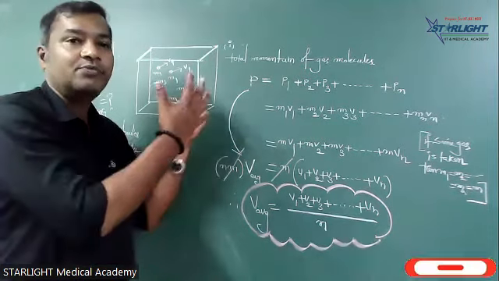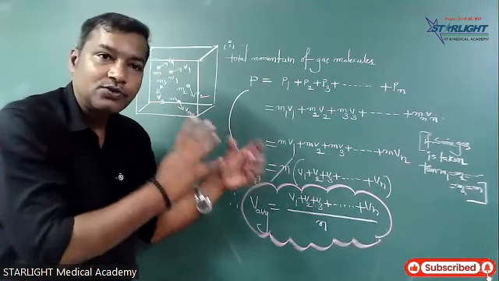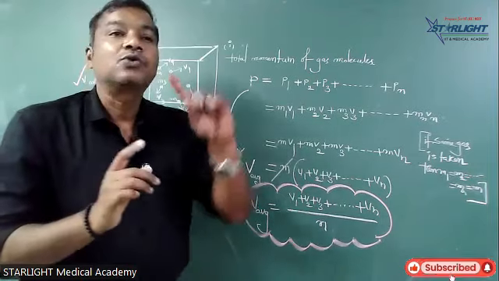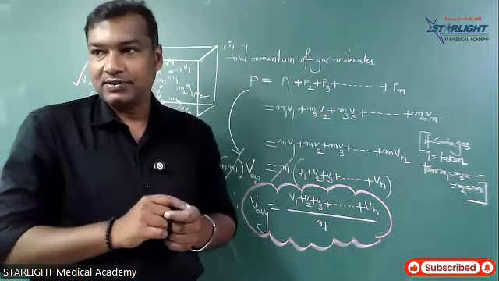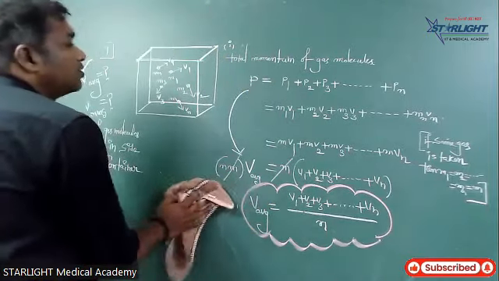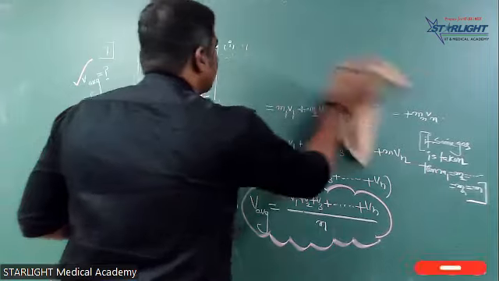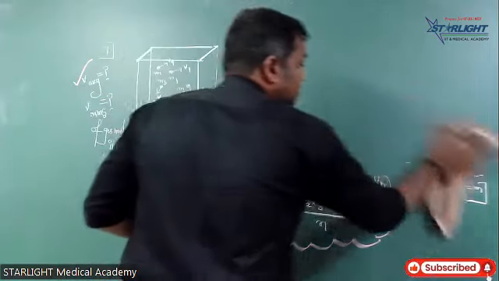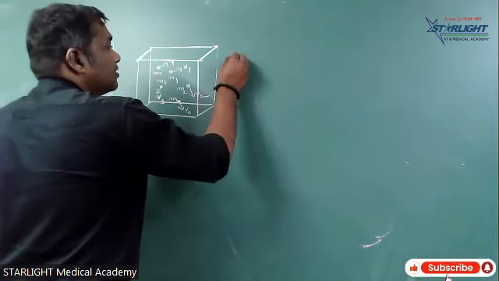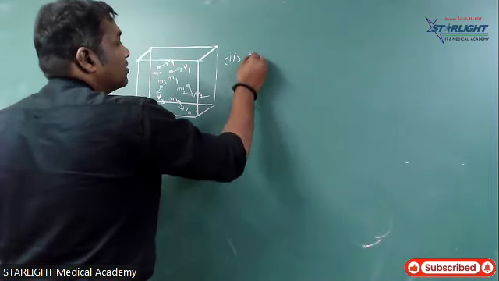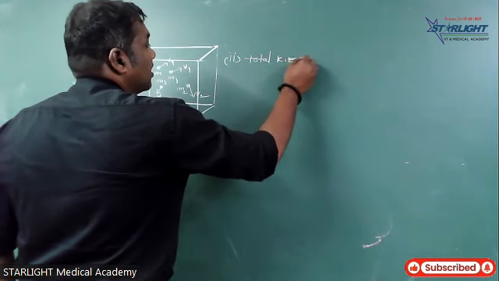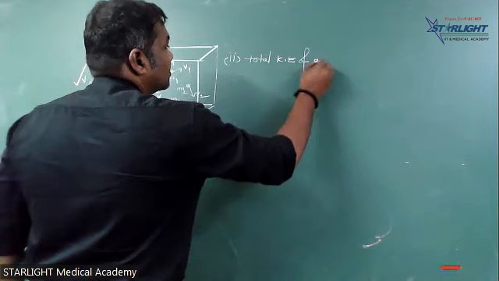All gas molecules are moving inside the container. So now we have to find the total kinetic energy of all gas molecules. How to find the total kinetic energy of these gas molecules? Second point, total kinetic energy of gas molecules.